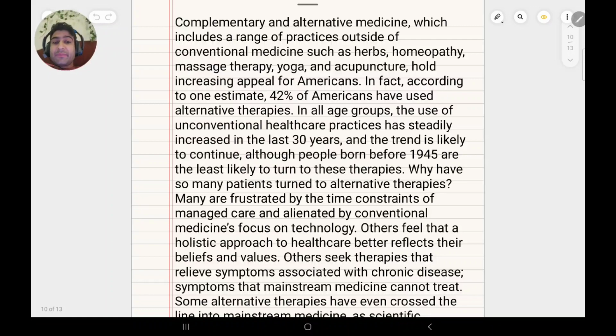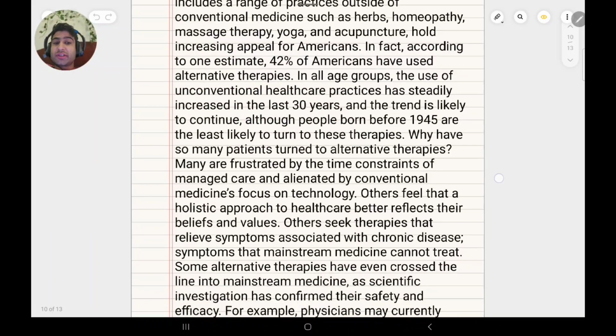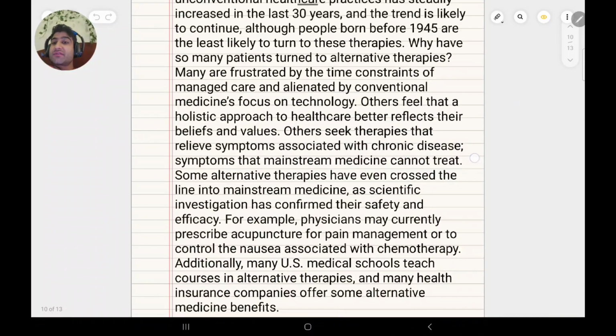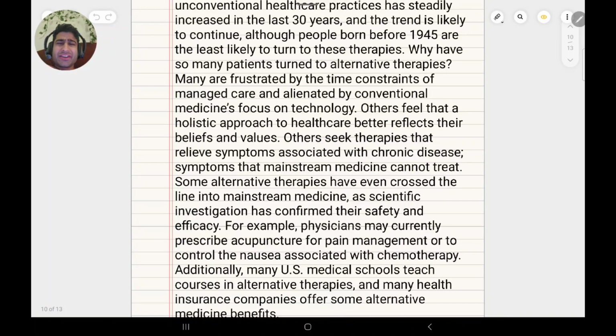Why have so many patients turned to alternative therapies? Many are frustrated by the time constraints of managed care. Means many are very irritated because the conventional one, the normal one, takes a lot of time. That's where they're really irritated, and the constraints of the managed care. The care was not managed properly, and others are more aligned towards the technology.